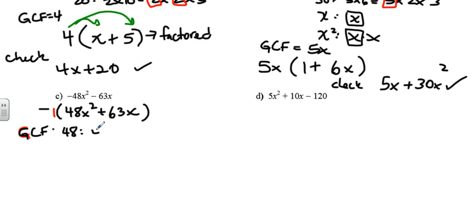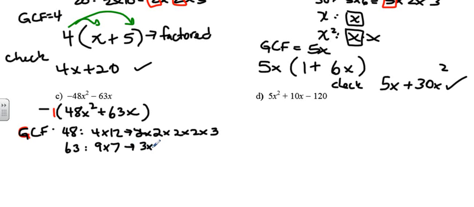I know it's 4 times 12, but that can be broken down. 4 can be broken down to 2 times 2, and 12 can be broken down into 2 times 2 times 3. 2 times 2 is 4, 4 times 3 is 12. All right, and then 63 is 9 times 7, right? It really helps to have a number chart if you're having difficulty with this. So this would be 3 times 3 times 7.